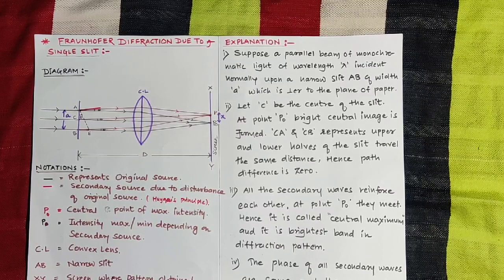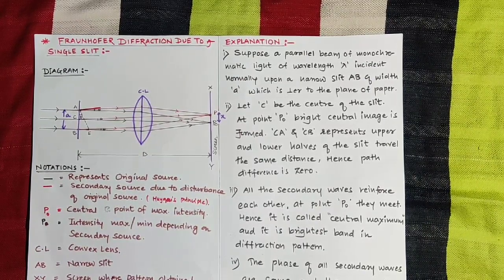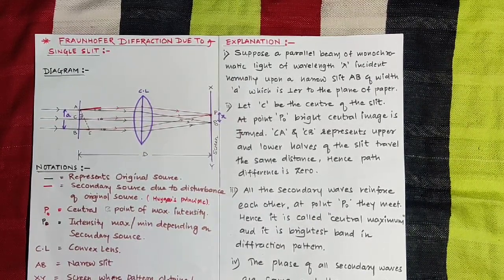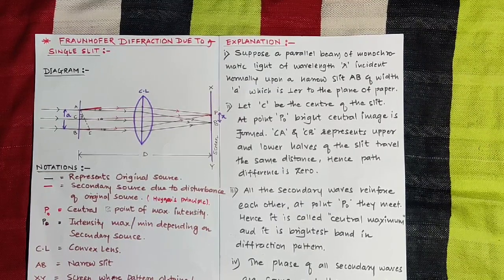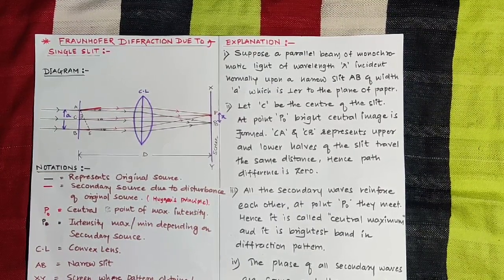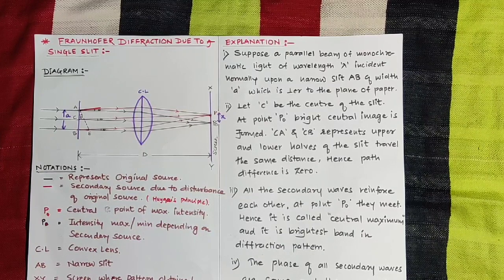Whatever waves come from the original source and meet at point P0, the path difference is 0. But whenever we consider alternate bright and dark bands, the path difference changes. Why?